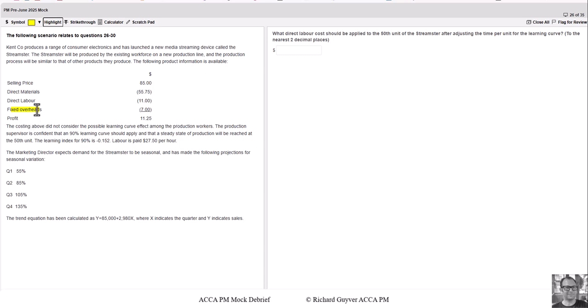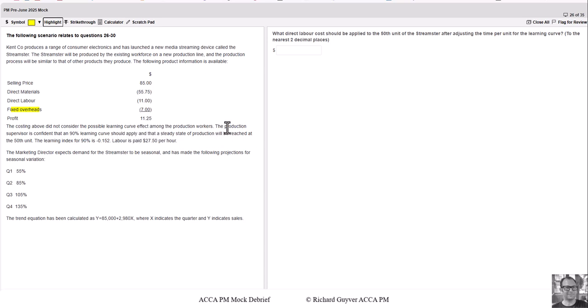I've highlighted fixed overheads. That's an allocation because we're looking at it on a unit basis. A common mistake that's made is students leave a fixed overhead cost in instead of treating it in the correct way.